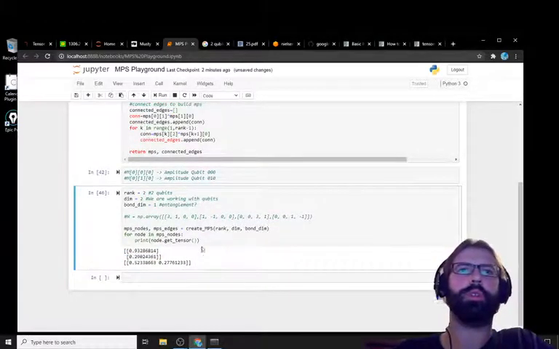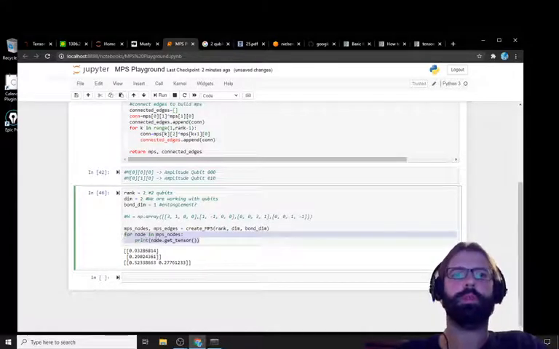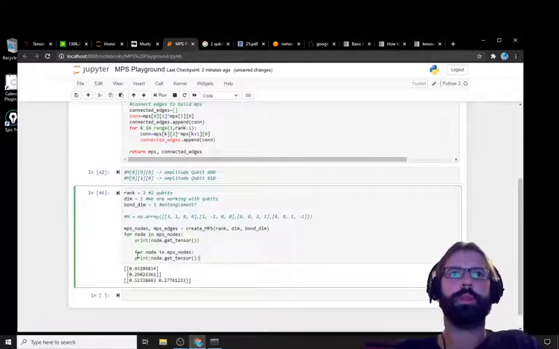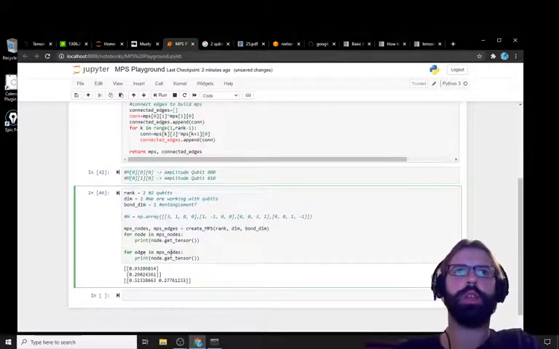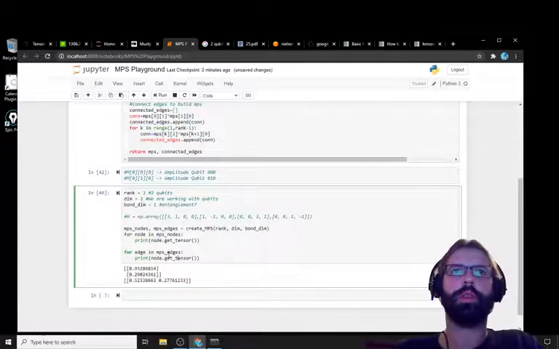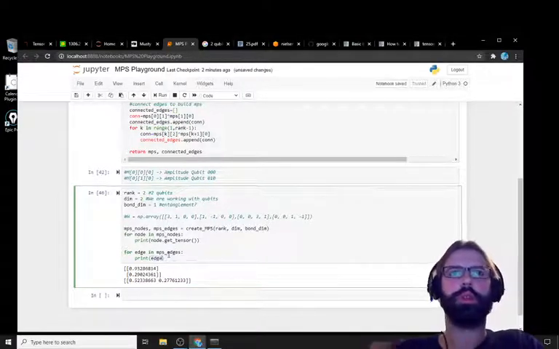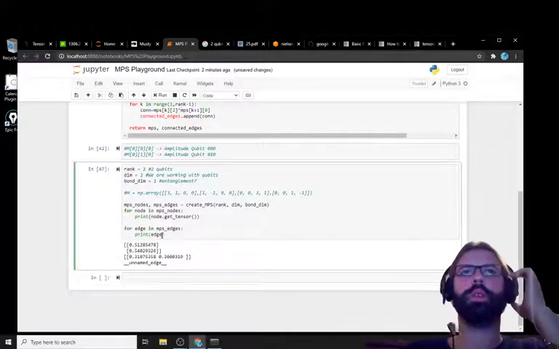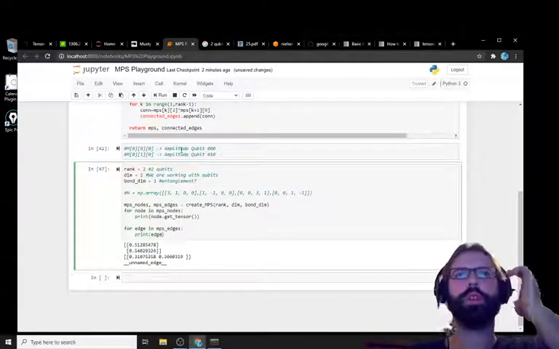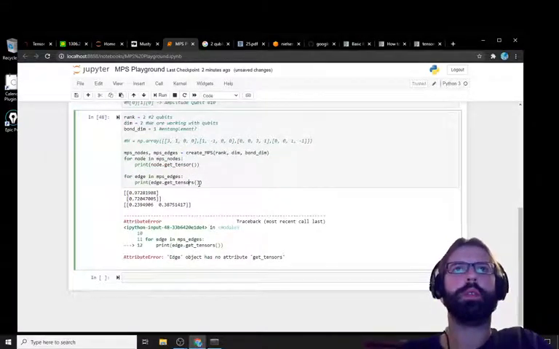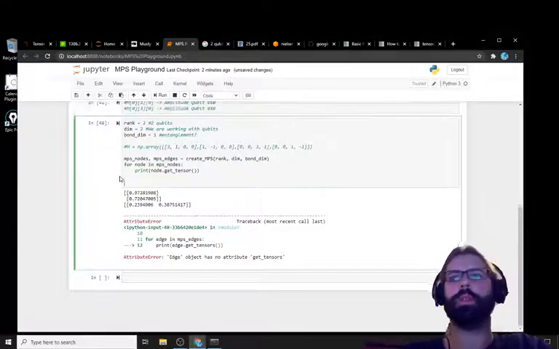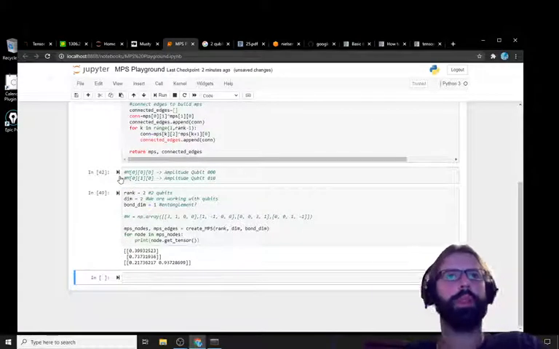Then I have these two tensors, and then if I do the same for the edges, for edge in MPS edges, print edge, edge get tensors. Can I do this? No. Get whatever. But there's one edge, right? So that makes sense.